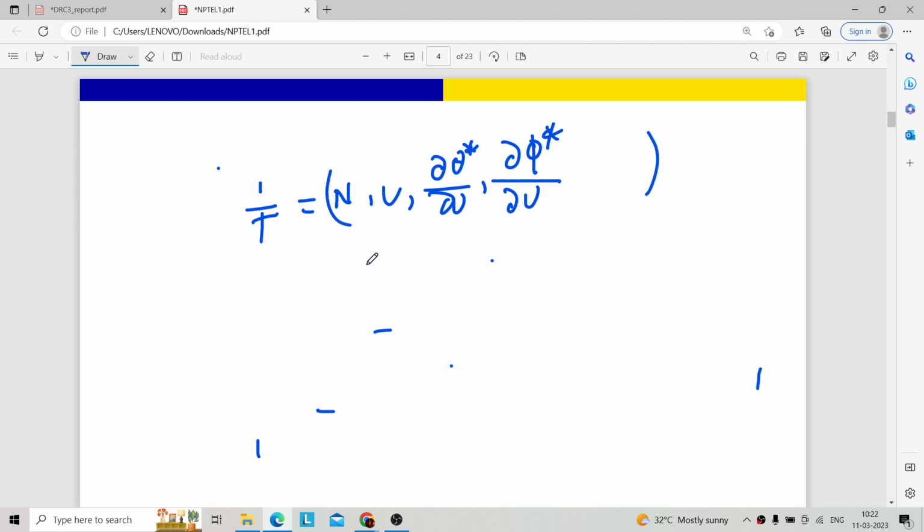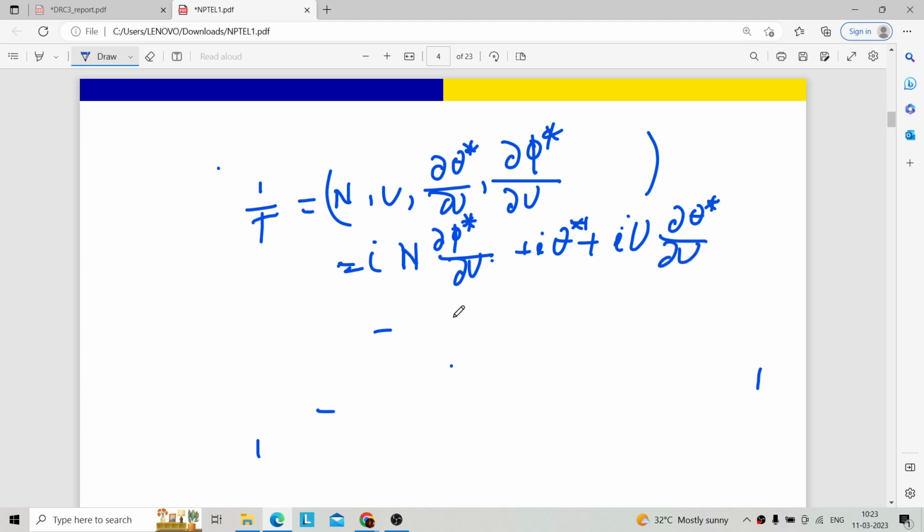Actually, when you calculate this, you will get some terms depending on n del phi star over del u, something like I theta star, and some term like I u del theta star over del u, and we will have some negative of these two terms.